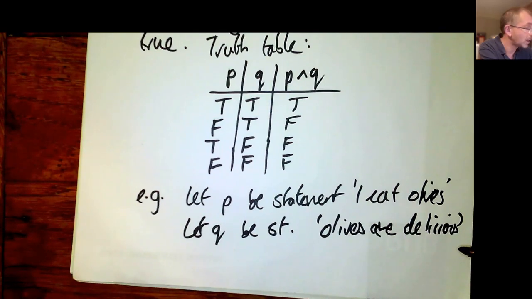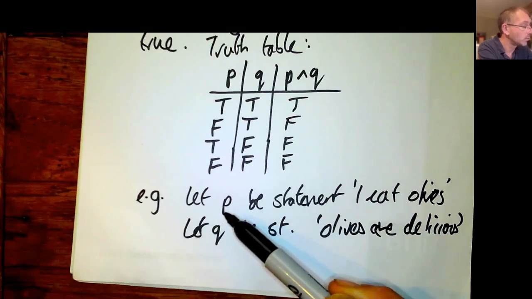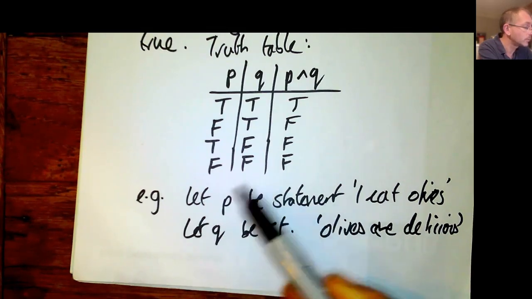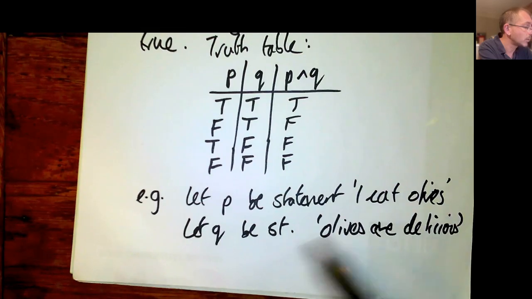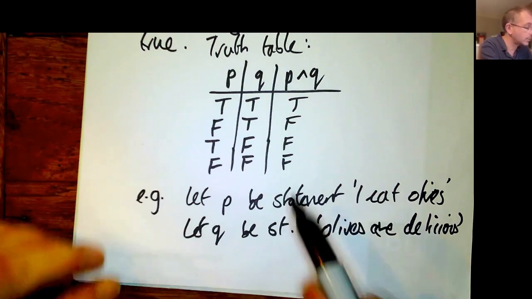So I don't care what your opinion is, but Q, for the purposes of this, is true. So if I want to know whether P and Q is true, if it's the statement I eat olives, that's true, and olives are delicious, which they are, then P and Q is true.